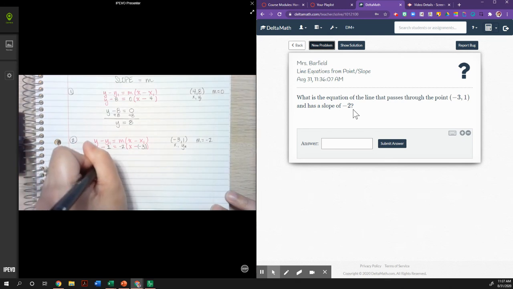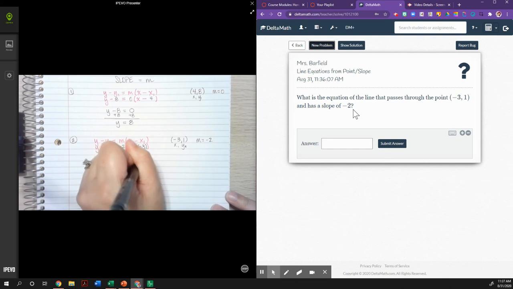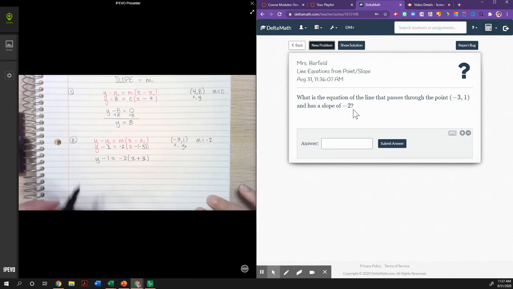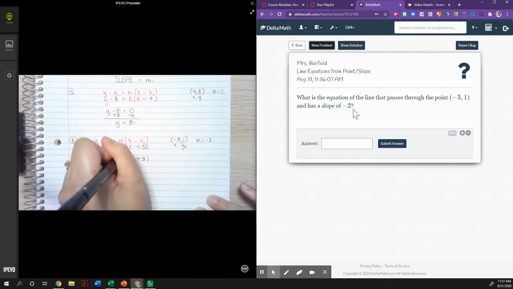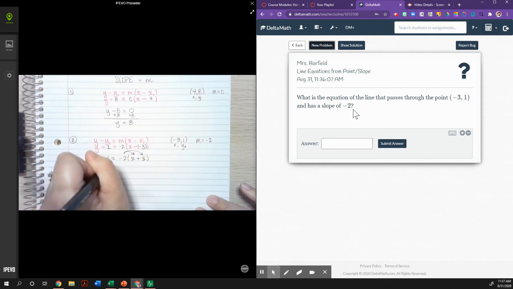So y minus 1 equals negative 2 times x plus 3. Now I'm going to distribute. So y minus 1 equals negative 2x minus 6. It's negative 2 times x, and then negative 2 times 3.